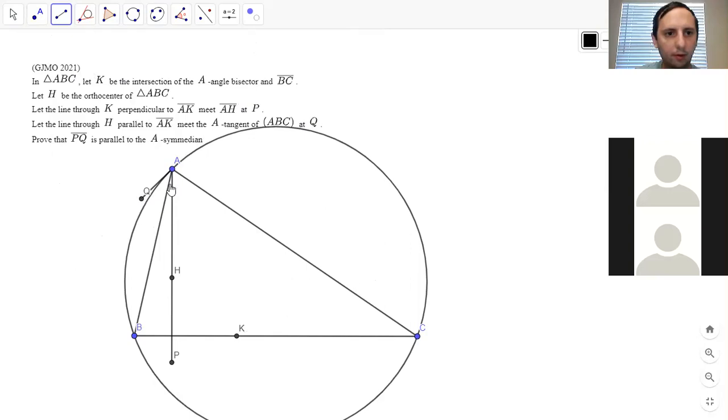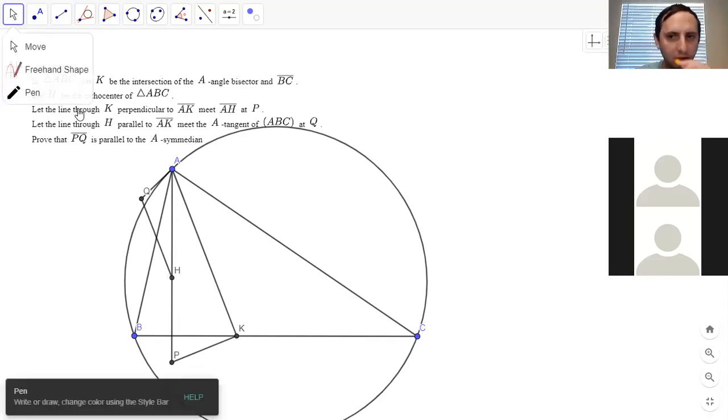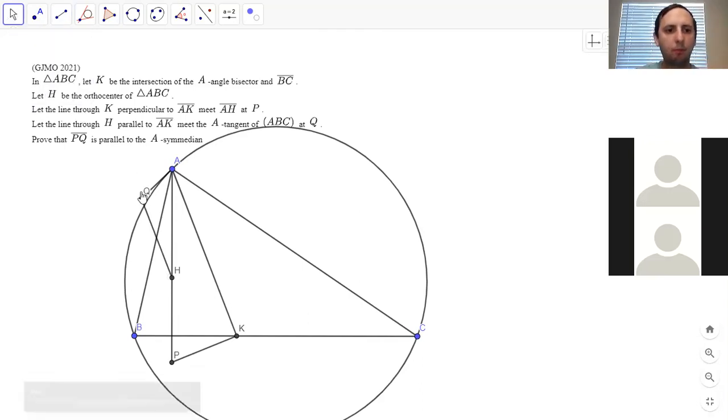What else do I draw? AK is the angle bisector. That's a right angle right there. And the parallel through H to AK. So HQ is parallel to AK. And we want to show PQ is parallel to the A median.